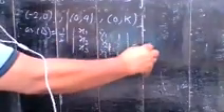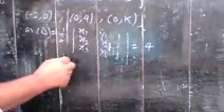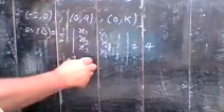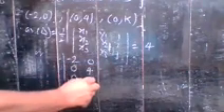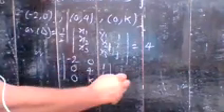So write it. Area of triangle is equal to 1 by 2 times the determinant of x1 y1 1, x2 y2 1, x3 y3 1. And the area of this triangle is given as 4 square units. So writing it here, 4 square units, and putting in the values: determinant of -2 0 1, 0 4 1, 0 k 1 is equal to 8.